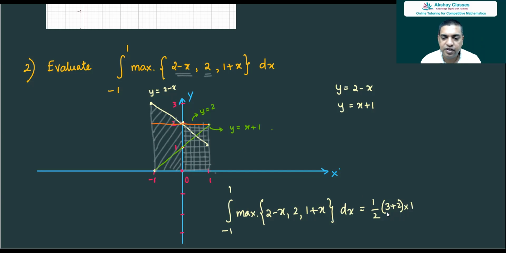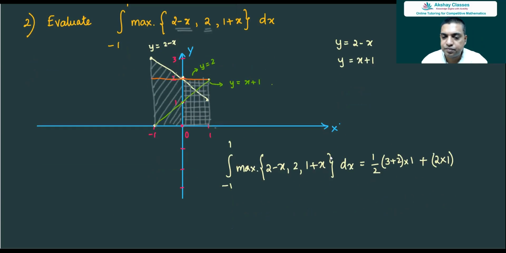So half of 3 plus 2 times the distance between the parallel sides, which is 1. Plus we have this rectangular area. Height of this rectangle is 2, width is 1. So 2 into 1. So we have 5 upon 2 plus 2, which is 5 plus 4, 9 upon 2 is the value of the integral.